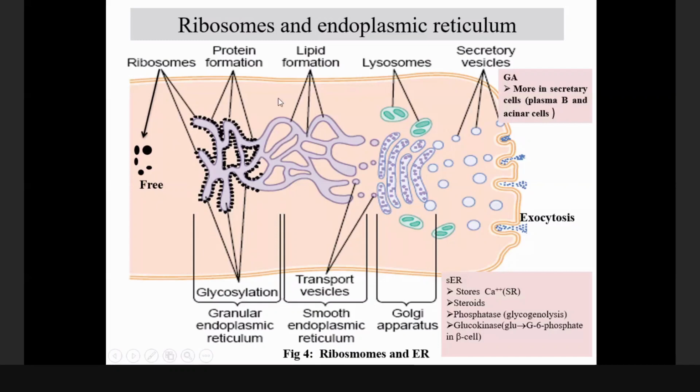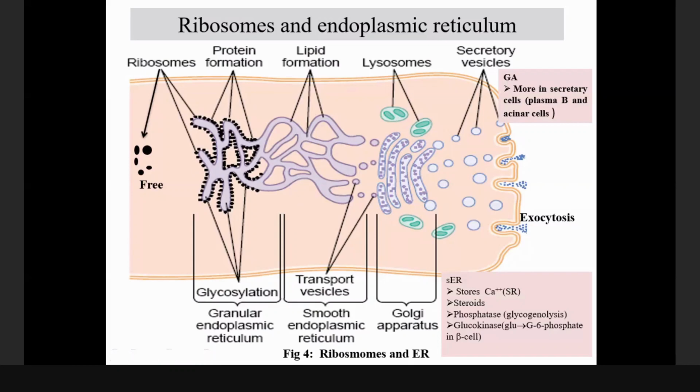So rough endoplasmic reticulum is involved in the synthesis of proteins because it contains ribosomes. Otherwise, you can have smooth endoplasmic reticulum, which has no ribosomes.